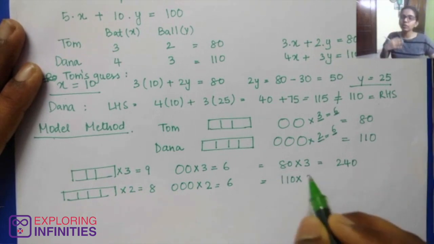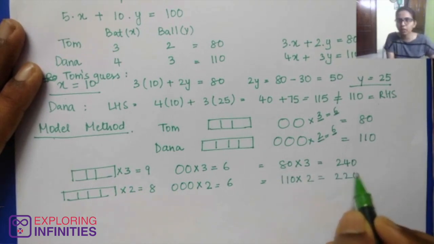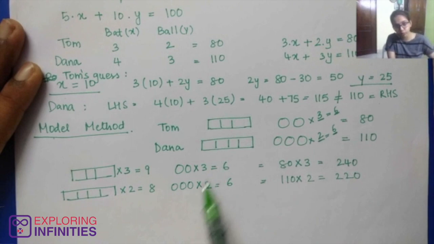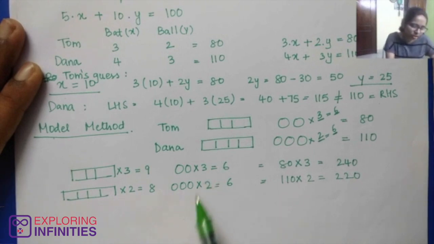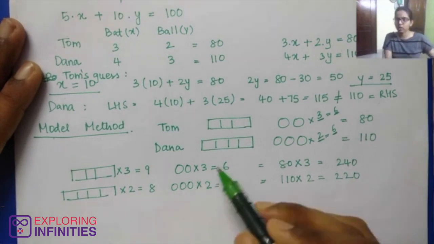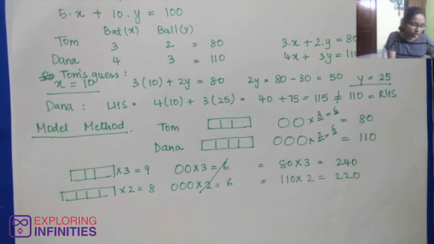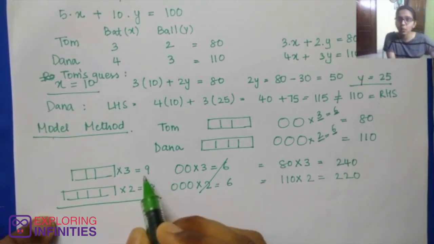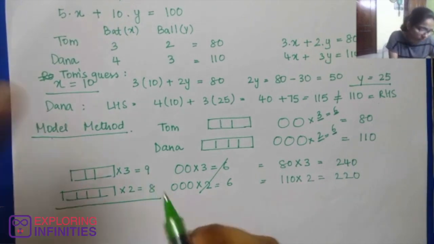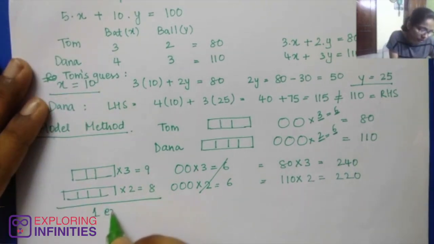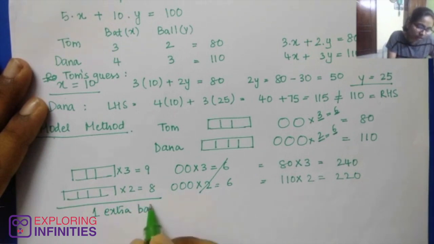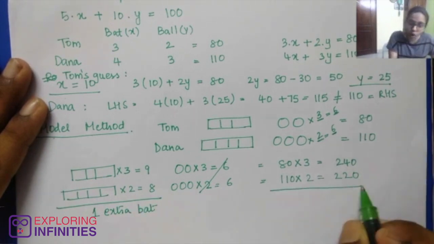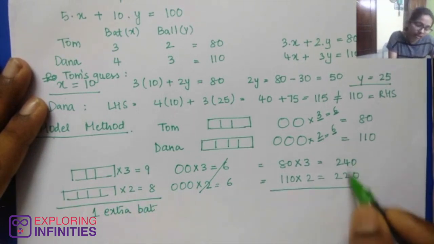So what I do now is, I have the same number of balls for both Tom and Dana, so I just eliminate them, they have nothing to do. Now you can see that Tom has one extra bat with him. From here you can see that the cost of that one extra bat is 20.